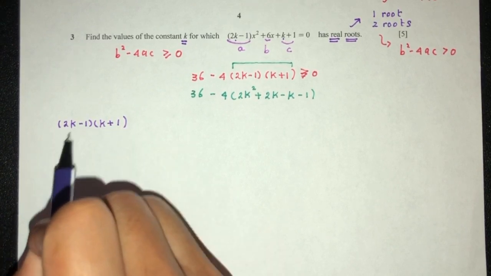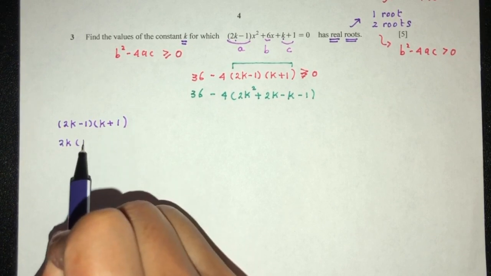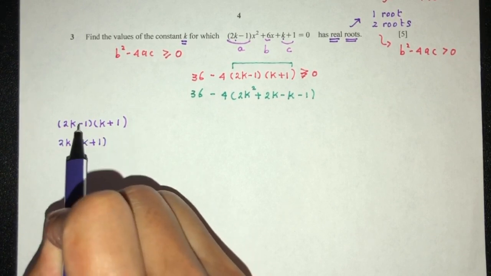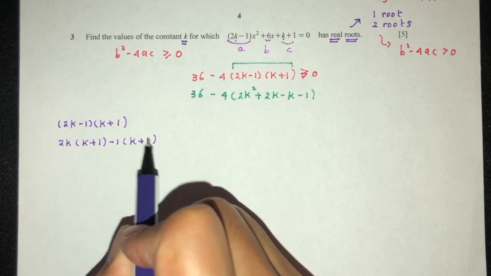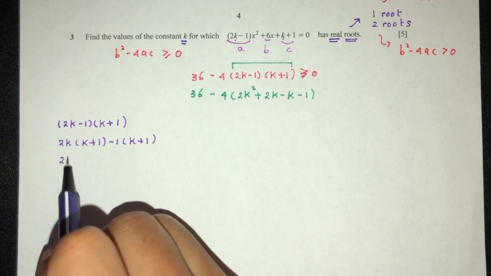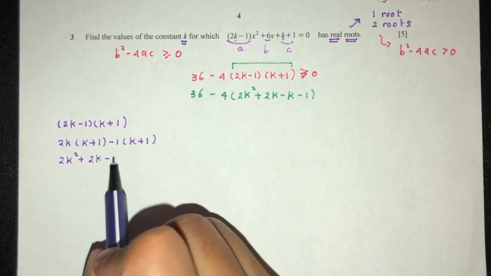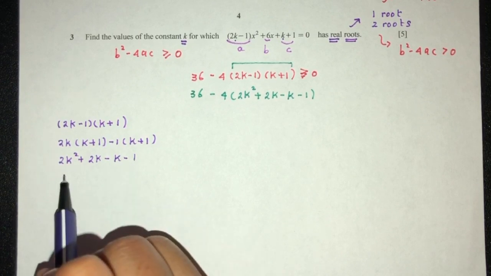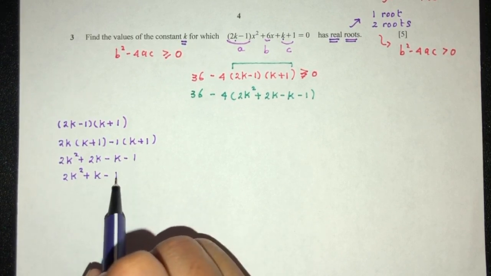We can take the first one, 2k, multiply by the entire thing on the back, and then take minus 1, multiply by the entire thing on the back as well. So this is how you can expand it. Step by step, you will have 2k squared plus 2k, and then minus k minus 1. That will be 2k squared plus k minus 1.